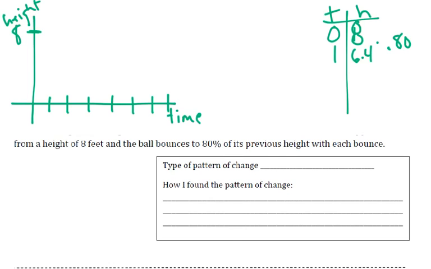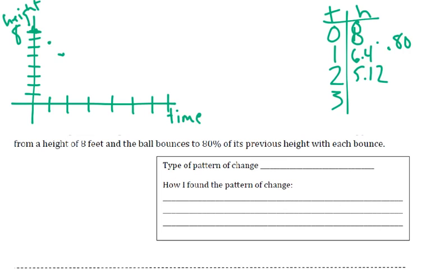So 1, 2, 3, 4, 5, 6, 7, 8. So 6.4 is somewhere about right there. Then at 2 seconds, 6.4 times 0.8 gives us 5.12. So we'd go to 5.12.